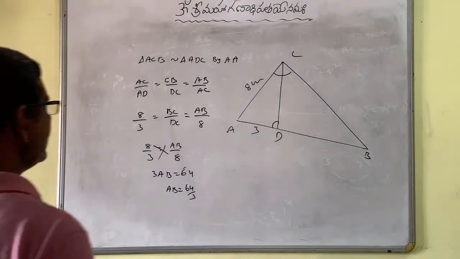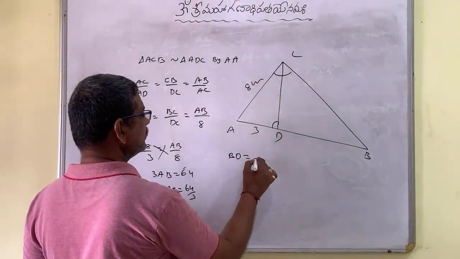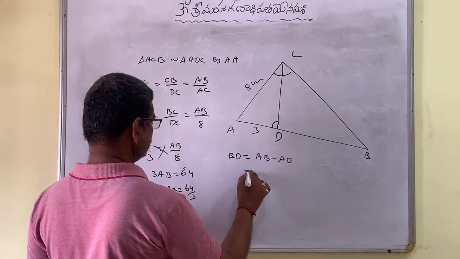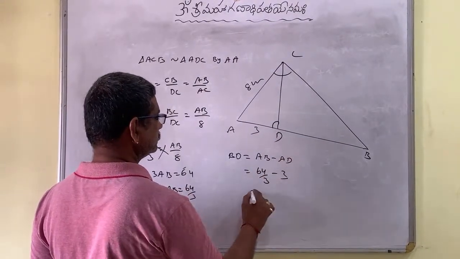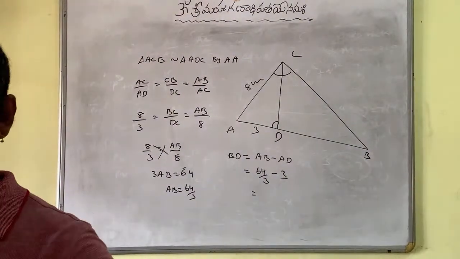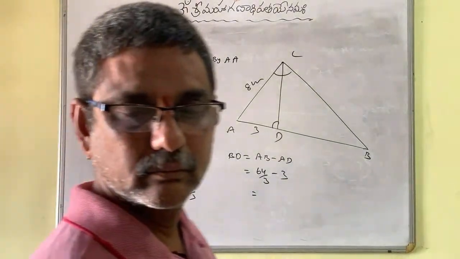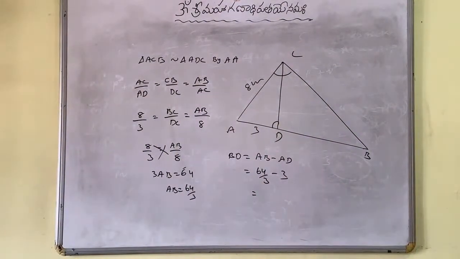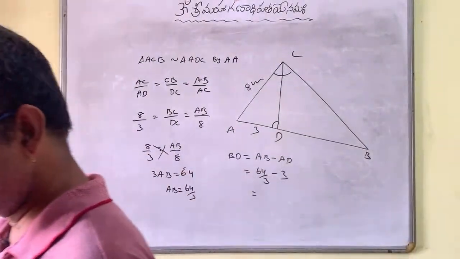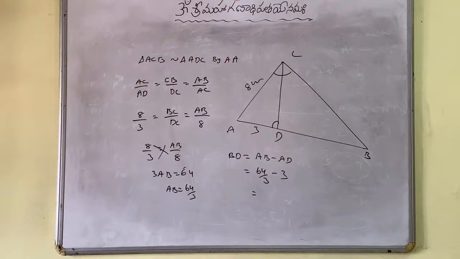So how can we get BD? AB minus AD: 64 by 3 minus 3. Yes, 55 by 3. Okay?